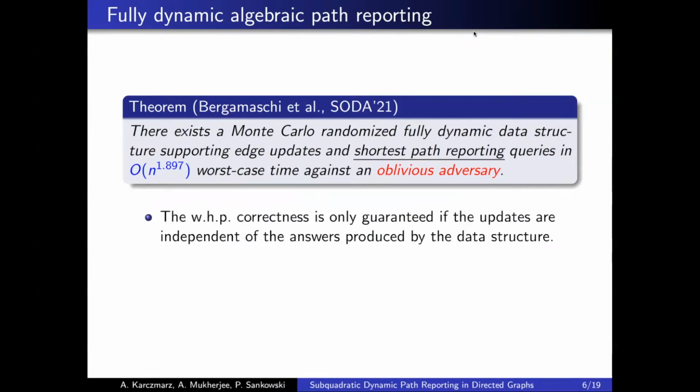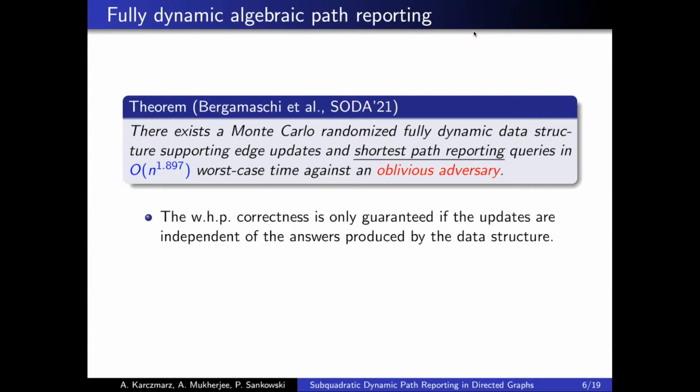That means the with high probability correctness is only guaranteed if the updates are independent of the answers produced by the data structure. For example, reporting a path may reveal a randomly sampled subgraph of G used internally by the algorithm to handle some of the most problematic cases, say the long hop paths.